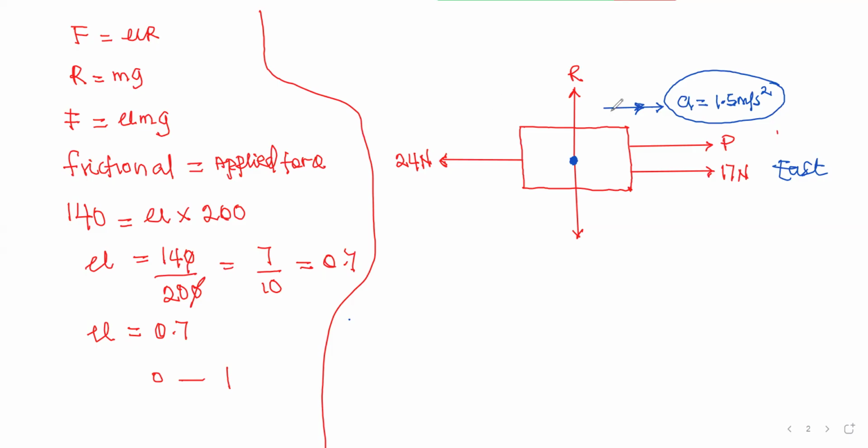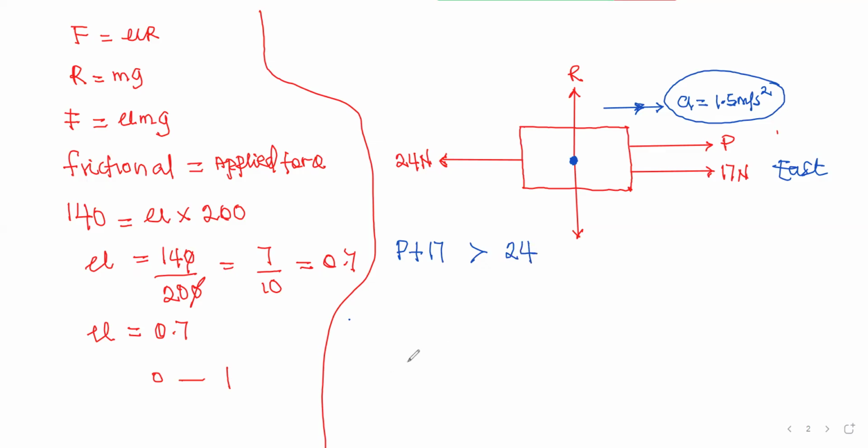So because the acceleration of the body is due east, when I sum up the total forces due east, P plus 17, it must be greater than the total forces due west. It must be greater than 24.